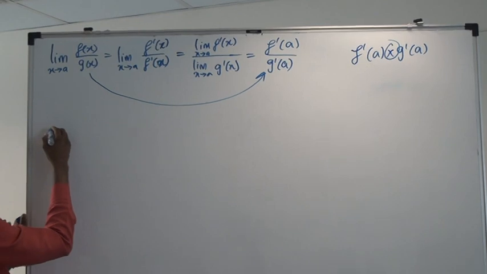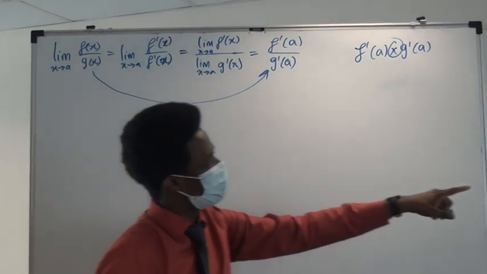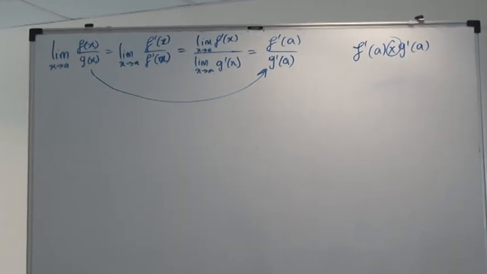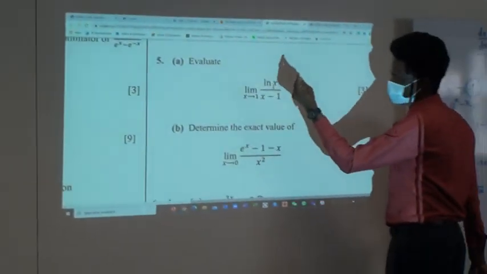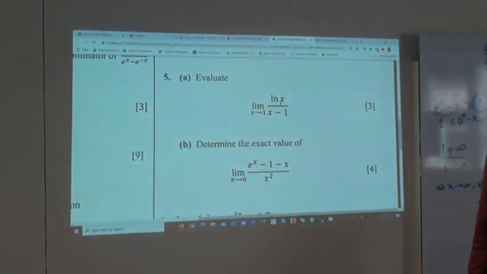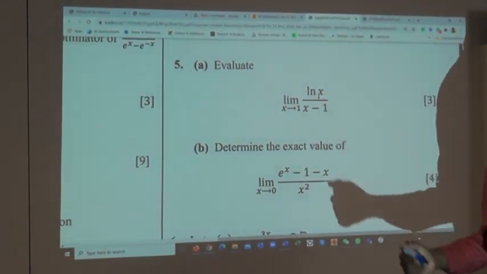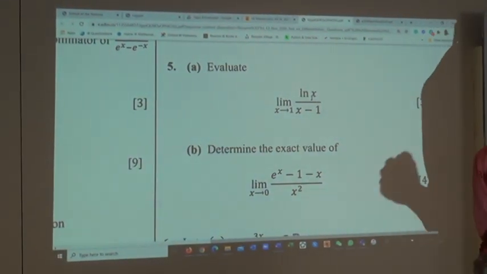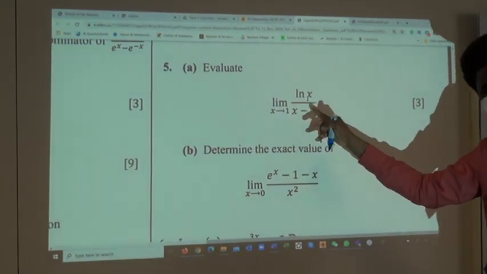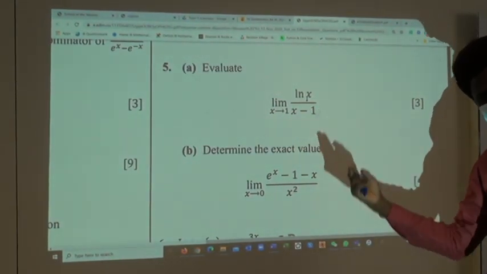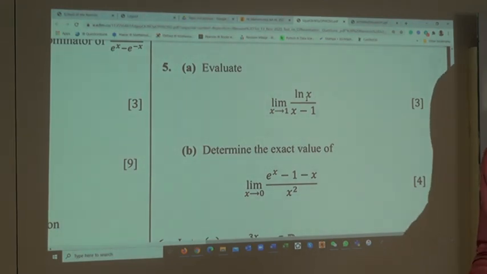So for the first question, it's easy because it's going to give you 0 over 0, then that is an indeterminate form. And as a result, you differentiate them separately. 1 over x over 1. Derivative of x is 1, derivative of this is 0. That's how you got the 1. Okay?